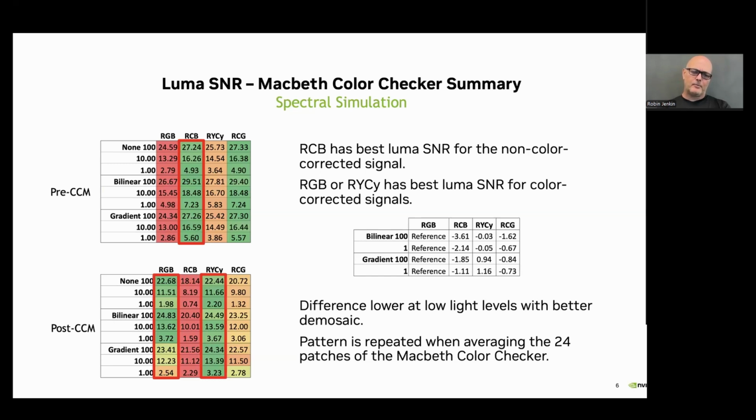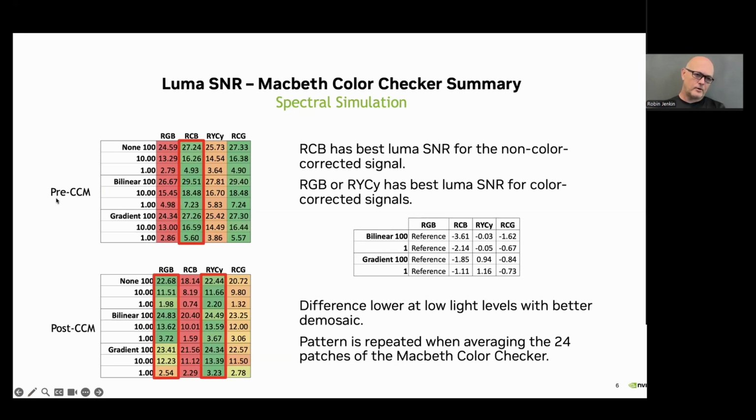And you end up subtracting a signal that has a lot of noise in it, like the red or the blue, from the clear. So you end up correlating a lot of noise back into your signal. So if you look on the left-hand side, pre-CCM luma SNR, this is really what's used to sell RCB systems into imaging systems.